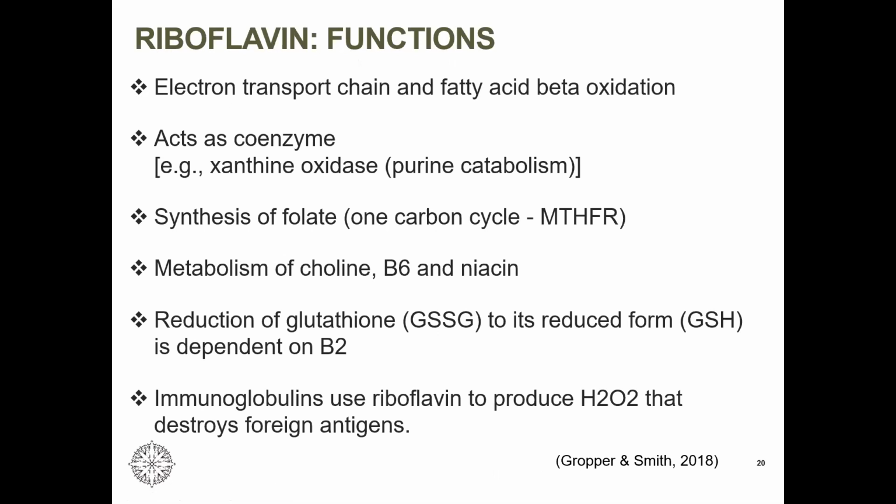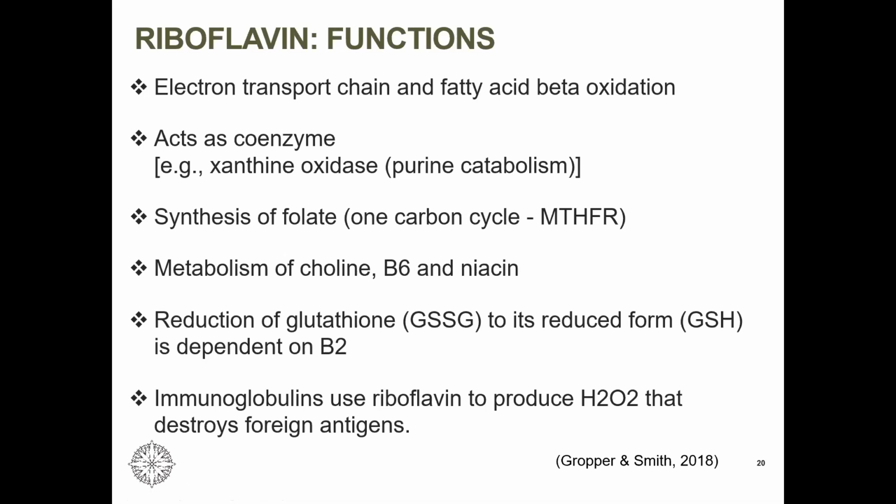Functions, again, very important vitamin for the electron transport chain and fatty acid beta oxidation. It acts as a coenzyme when we are making and catabolizing purine, that is the DNA pathway. It is important for synthesis of the active form of folate.